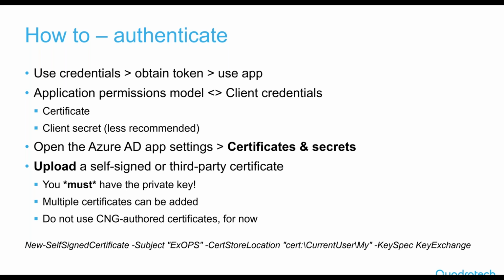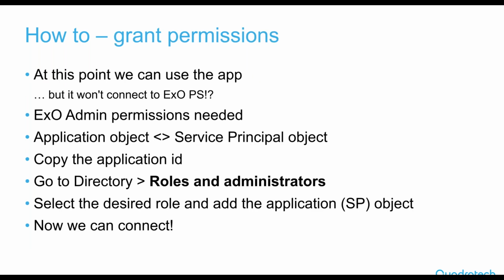You can also configure multiple certificates. For example, if you have a certificate which expires in the next few days, and for whatever reason you don't want to go over the hassle of renewing it and changing it, you can add an additional one, and so on. Again, we'll cover this in more detail in a second in the demo.